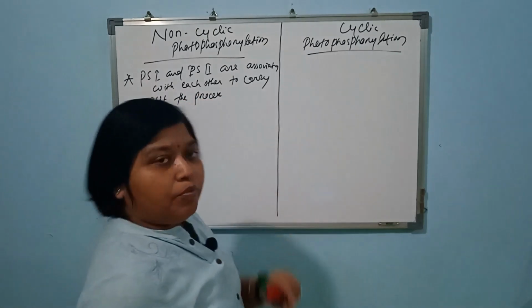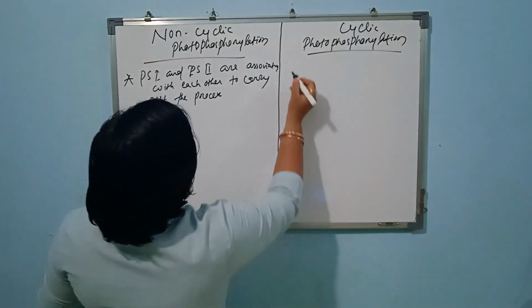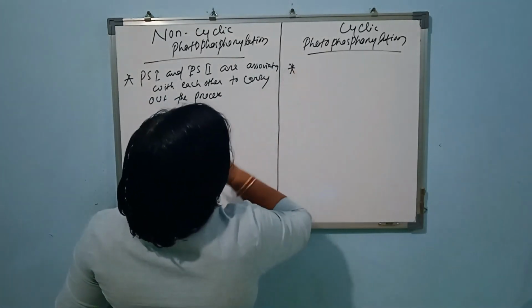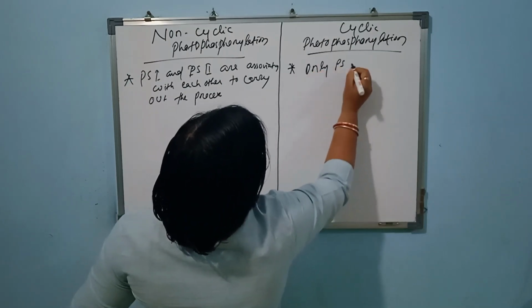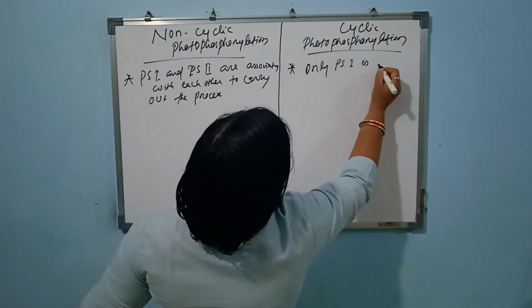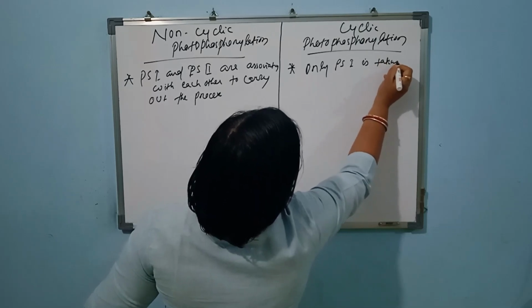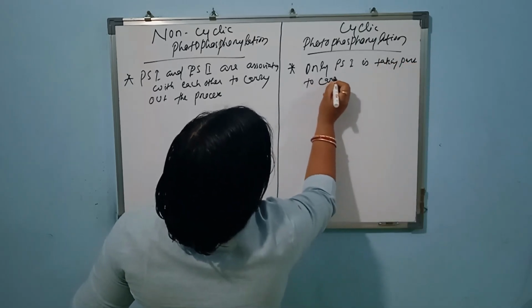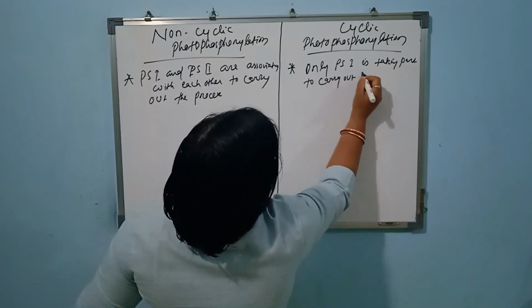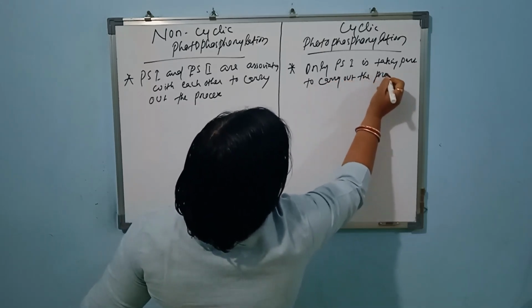But in the cyclic photophosphorylation process, only pigment system 1 is taking part. So only pigment system 1 is taking part to carry out the process.